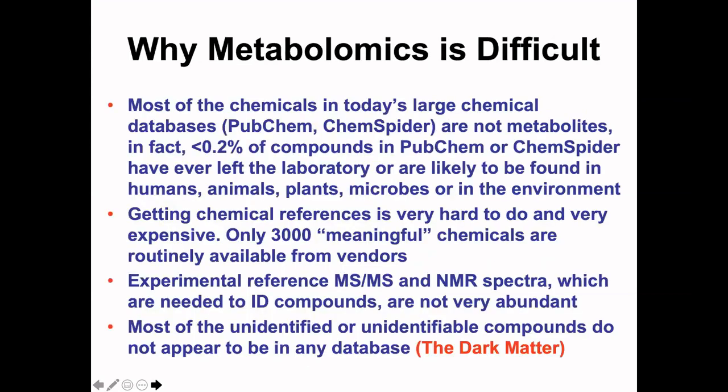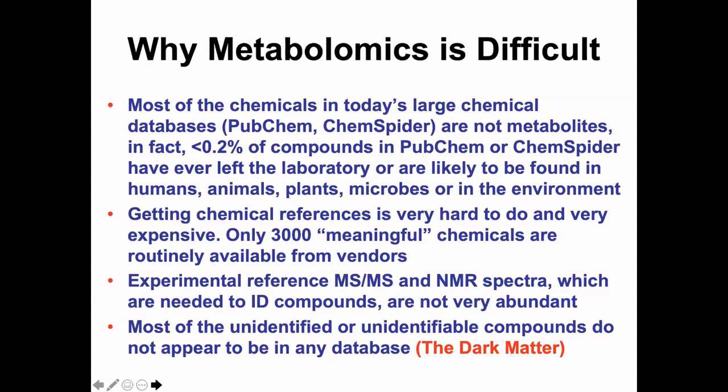There's also another challenge in that the tendency for many people is to turn to databases that are really not intended for metabolomics. A commonly preferred database is PubChem, which is a great resource, and ChemSpider, also a great resource. But these were designed to be chemical libraries of all known synthesized compounds that were ever assembled or written about.